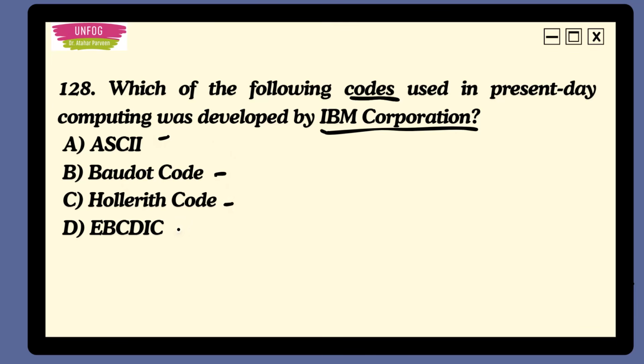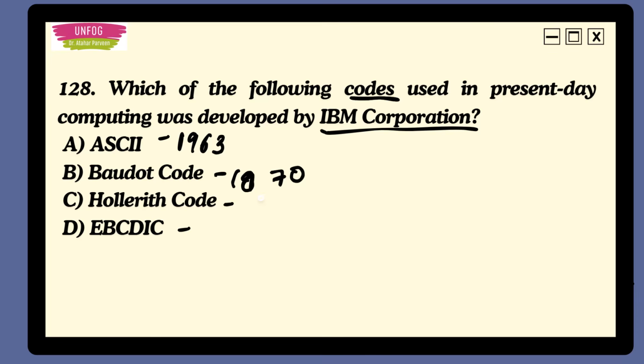So this ASCII code, it is a universally accepted code. You might know about this. It is very popular, ASCII code. It was introduced in the year 1963. Baudot code was the first code to be ever made. Okay, and it was introduced in the year 1870.